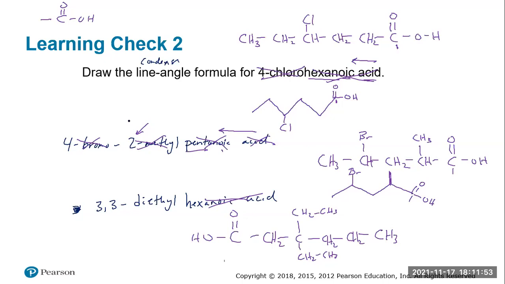Line structure here is kind of similar to the one up here. 1, 2, 3, 4, 5, 6. Again, with our carboxylic acid group happening here. And we are looking for 3,3-diethyl. So 1, 2, 3.